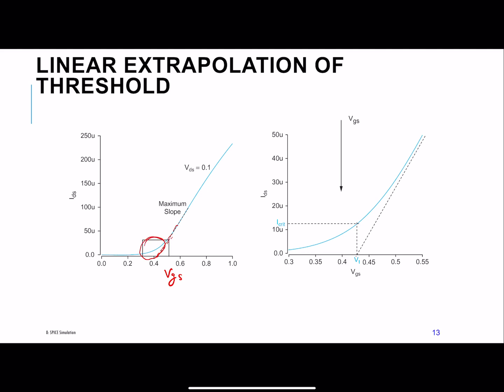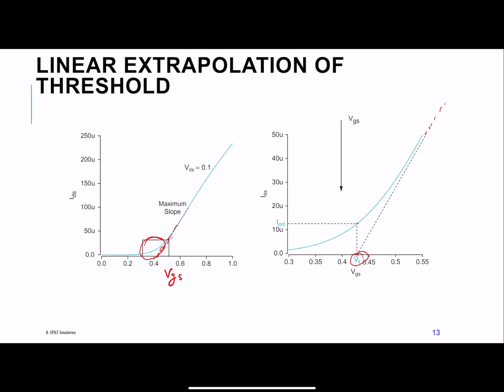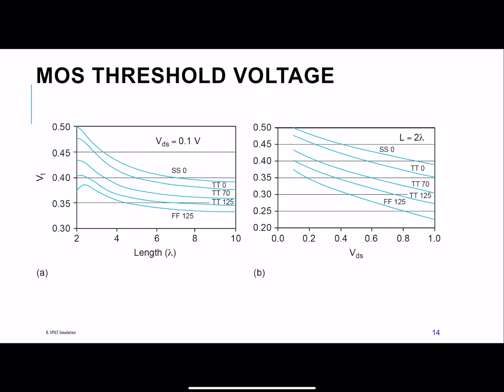So if you want to see the threshold as it's defined in our simple models, you have to extrapolate this down to where it meets the curve, asymptotically. Okay. So anyway, every time I start designs with a new process, I make these curves for myself just to get a feeling for a minimum size NMOS and minimum size PMOS to see what these things look like, and also this VGS versus IDS.